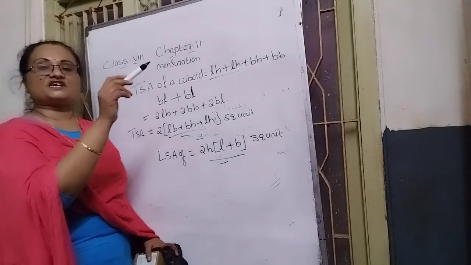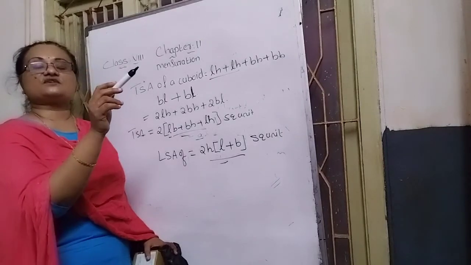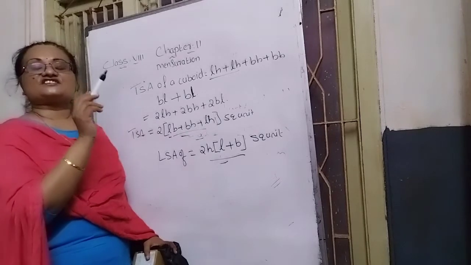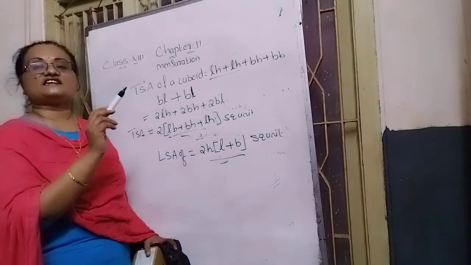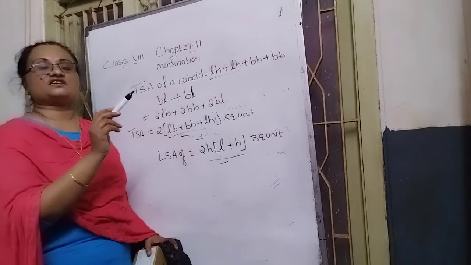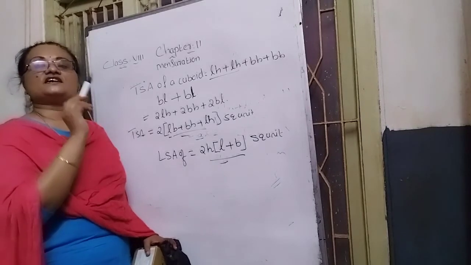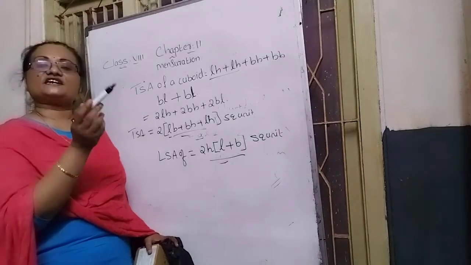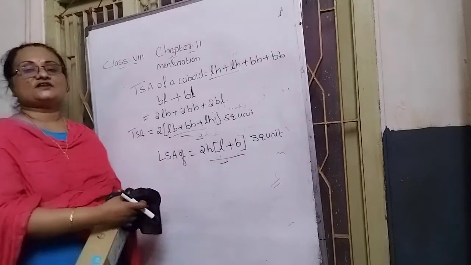If length, breadth, height are given in centimeters, the answer is in square centimeters. If given in meters, the final answer is in square meters. If given in millimeters, it is square millimeters. That way we can identify.